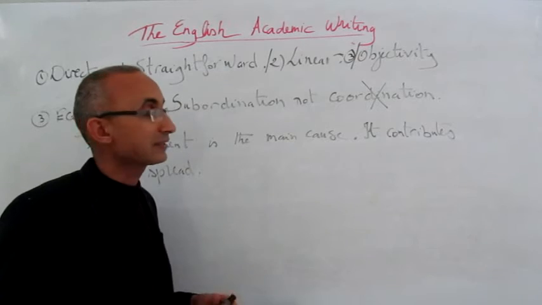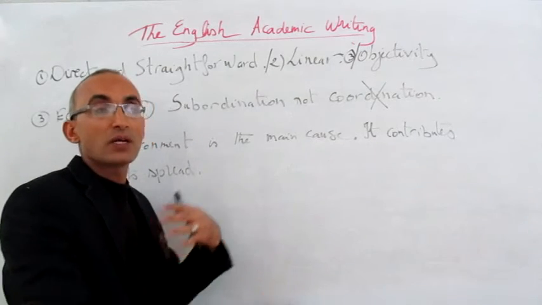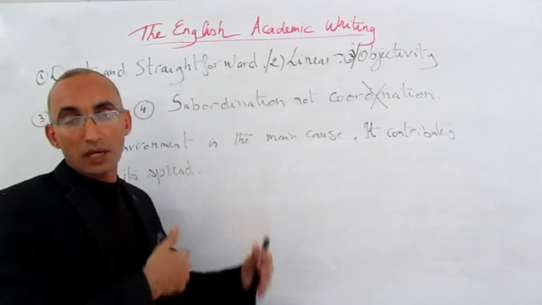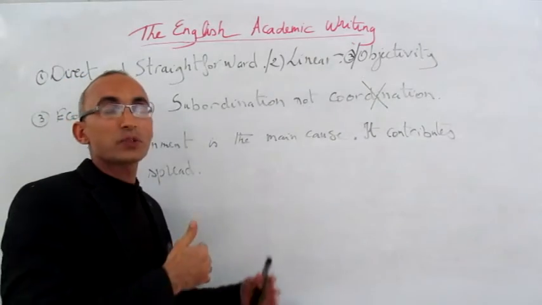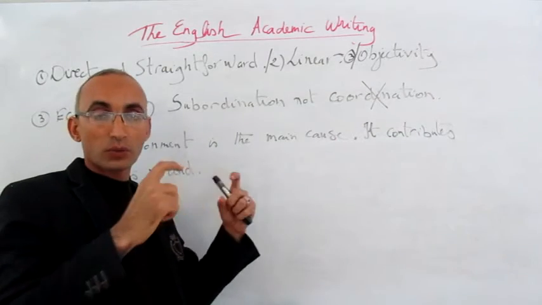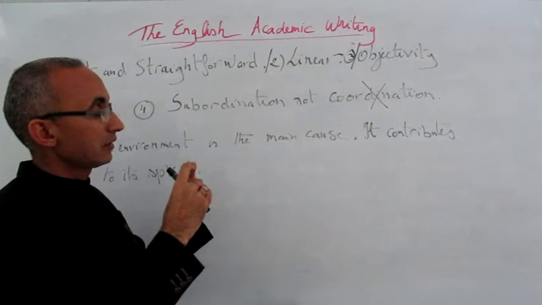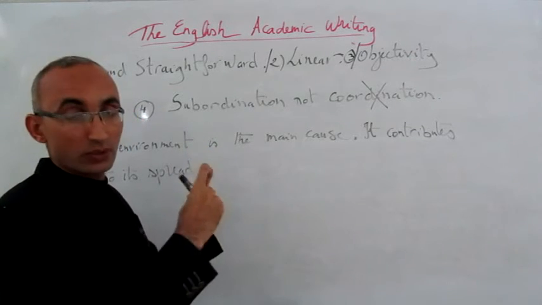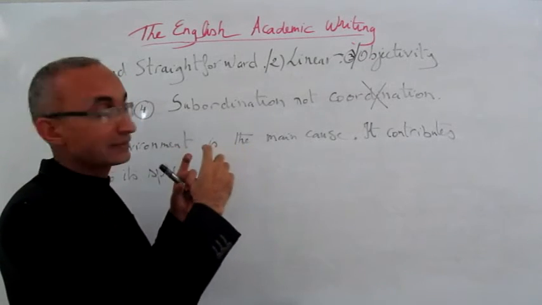One of the common mistakes made by students is the overuse of sequencers. In every sentence you find "also, in addition, also, then, and also," like this. So avoid this redundancy and repetition of those conjunctions, and be direct, straightforward, and brief in your sentences.